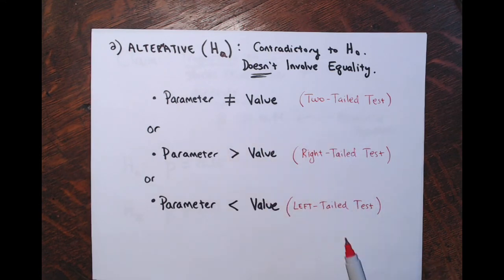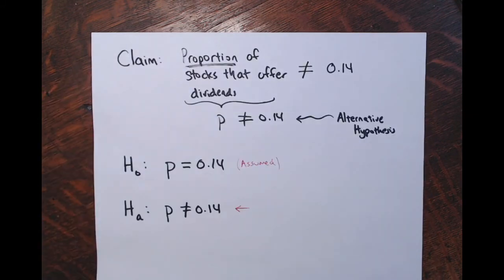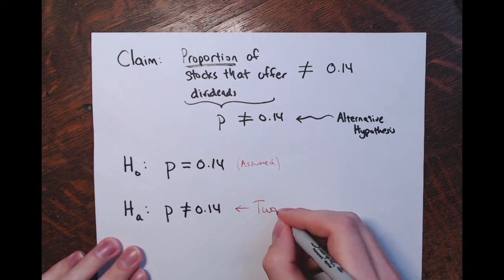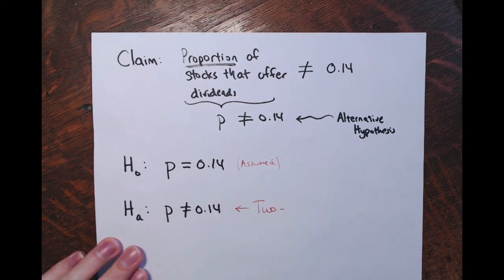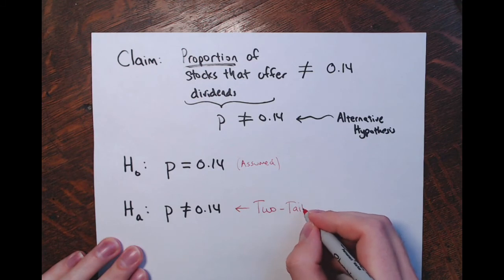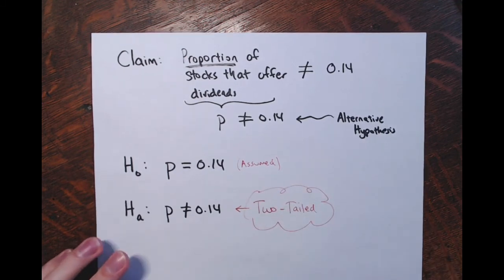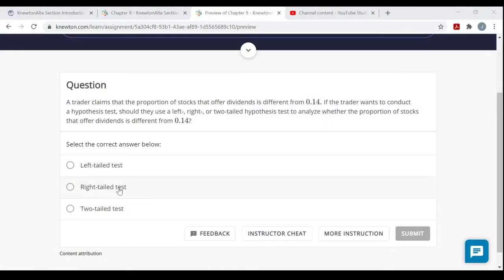So that's a two-tailed test. Based on the way my alternative hypothesis looks, we'd be performing what's called a two-tailed test. So back here, two-tailed, and I think that's all you're asked.